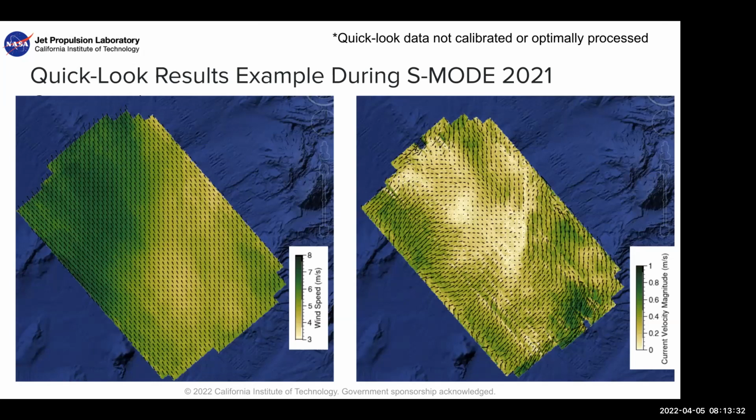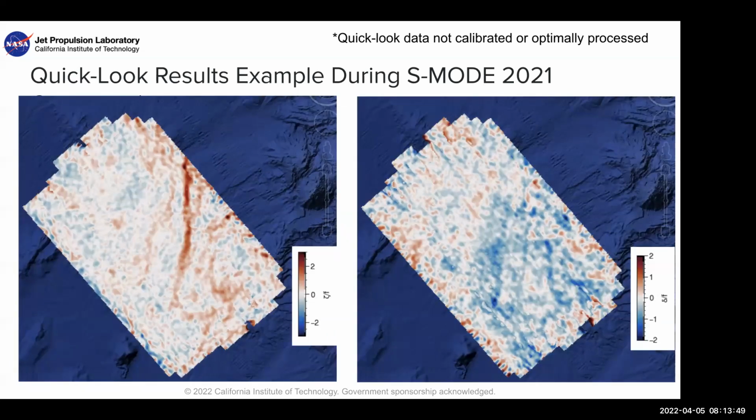These are quick look results during the ESMO campaign, on the left of wind vectors and wind speeds, and on the right of surface current. And then you can see a front there. And then you can use those for the currents and measure the relative vorticity and divergence.